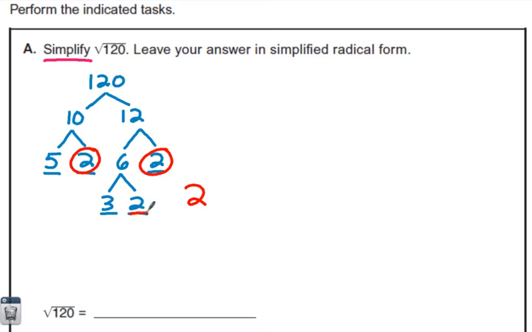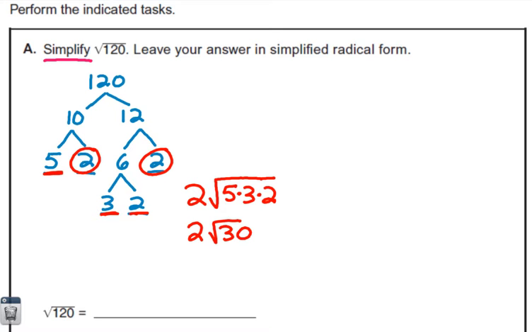But any singles, and I think maybe Mr. Birch would say anyone with no friends, any single factors, have to stay under the square root. So we have a single factor of 5, a single factor of 3, and a single factor of 2. All of those stay under the square root and multiply together. 5 times 3 times 2 is 30. So that's one way to do a simplify square root problem.